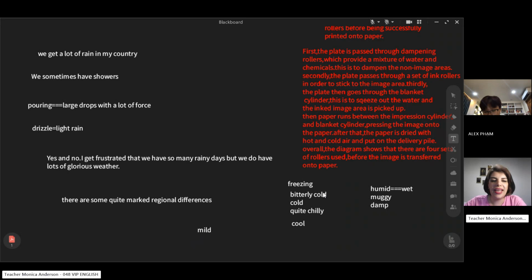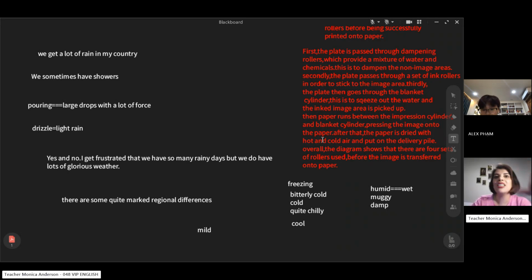So let's check it again. You can say there are some quite marked regional differences. I live somewhere where the weather is cold, or for example, hot or baking hot most of the time. And especially it's drier in the east, or west or north.